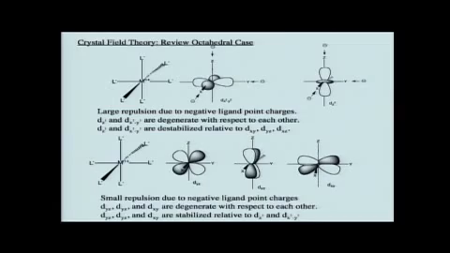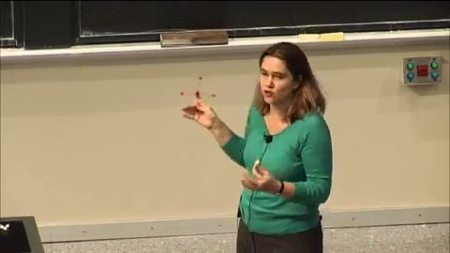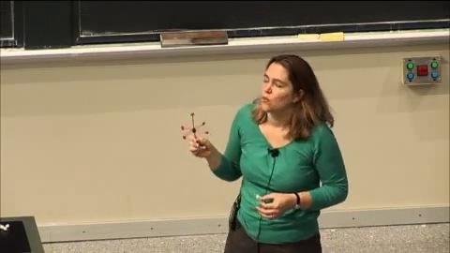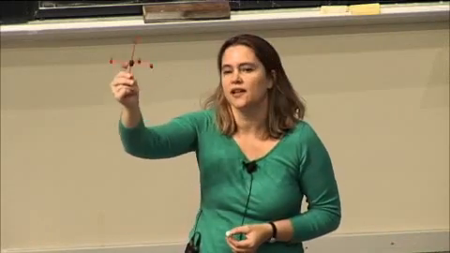Before the exam, we had talked about the octahedral case and how, compared to a spherical situation where the ligands are distributed everywhere around the metal, and all d orbitals would be repulsed by the ligands equally and symmetrically, when you put them at particular positions in a geometry, they're going to affect the different d orbitals differently.